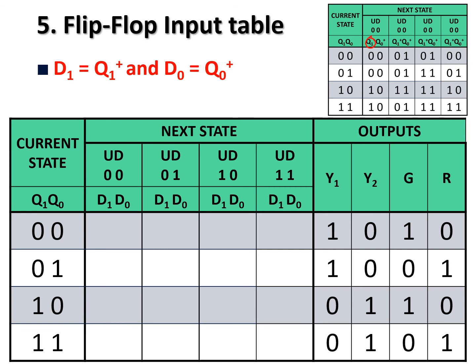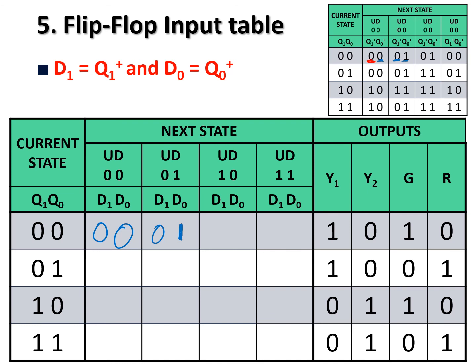Whatever I want to see, for example Q1 plus, if I want to see a 0, what do I have to put at the input? A 0. So I just write it here. If I want to see a 0, I write a 0 at the input of the D. If I want to see a 1, I put a 1 in my D flip-flop.